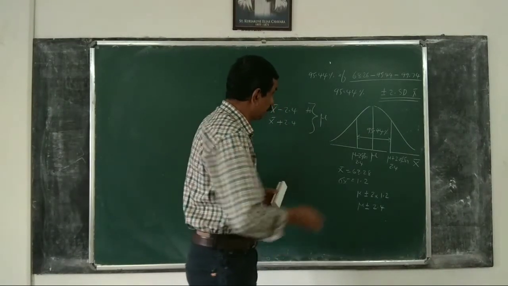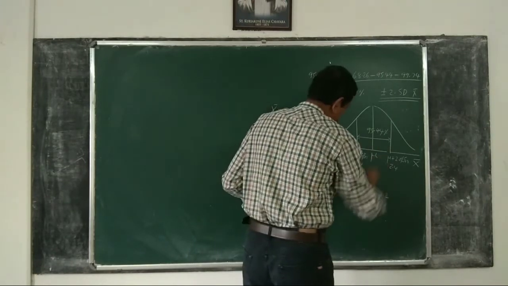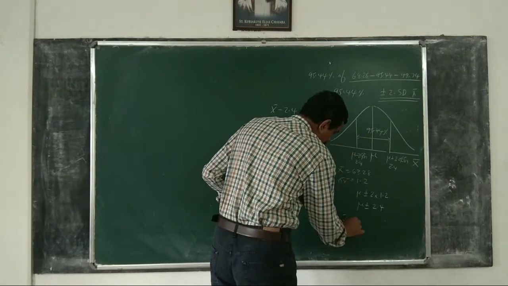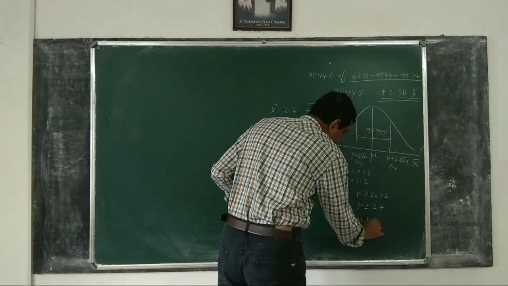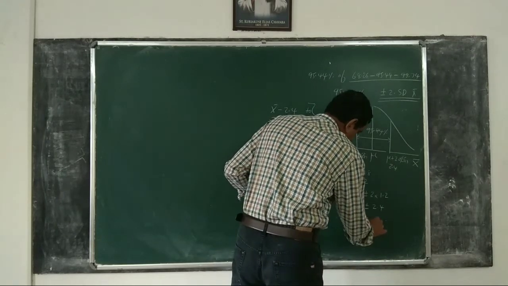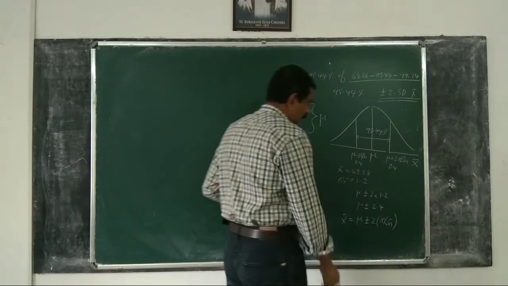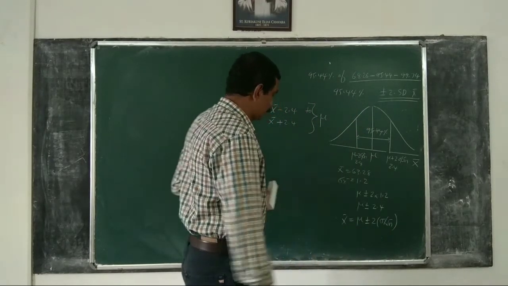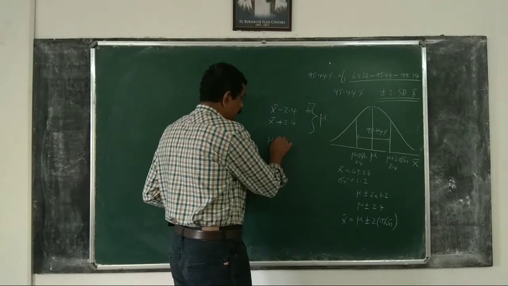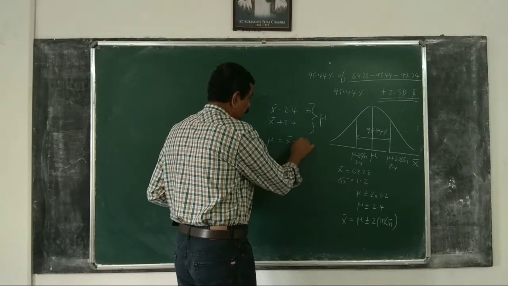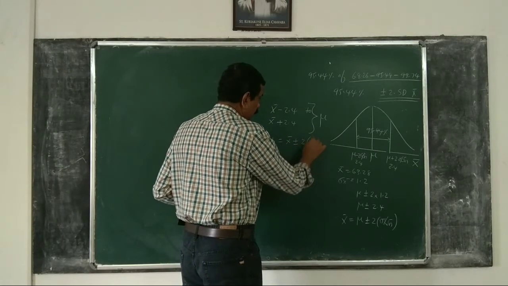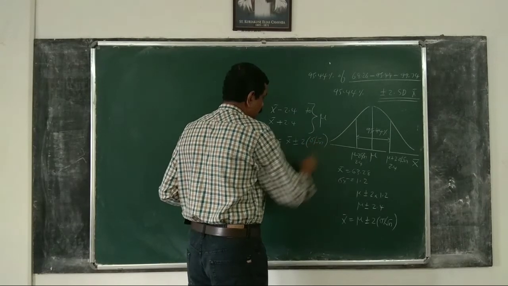So, 95.44 written in this form is X bar is equal to mu plus or minus 2 into sigma by root n. And in terms of mu, we can write mu is equal to X bar plus or minus 2 into sigma by root n.